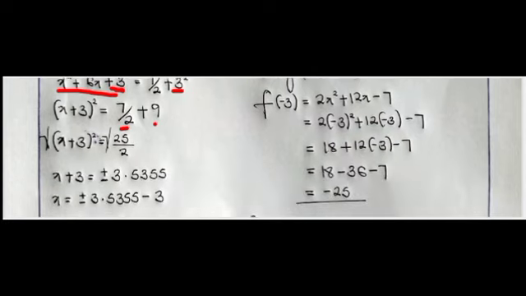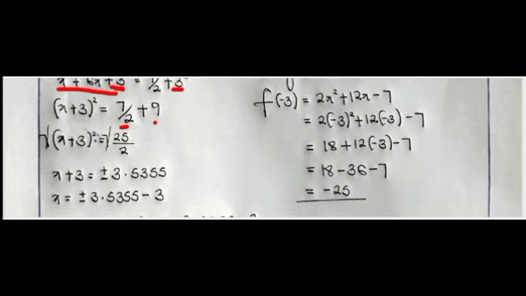Then we take the root of both sides, so that we get rid of the power. The power goes, and the root of 25 over 2, when you punch it in a calculator, gives plus or negative 3.5355 to 4 decimal places.